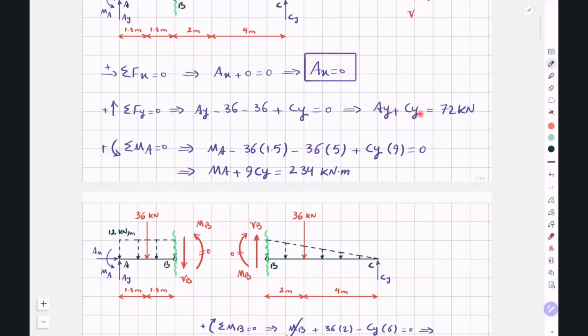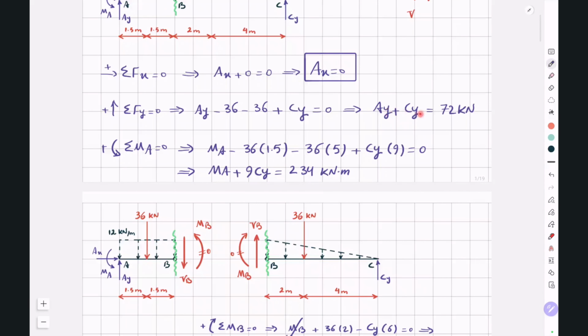We could also write the equations of equilibrium and take the moments around point B for the left cut segment. So in that case, we can write sigma MA equal to 0 in this direction. We have MA minus AY multiplied by 3 plus 36 multiplied by 1.5 plus MB is equal to 0.